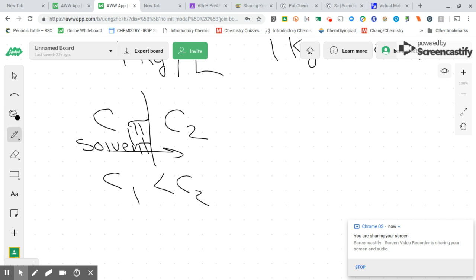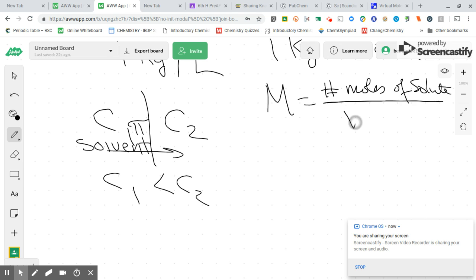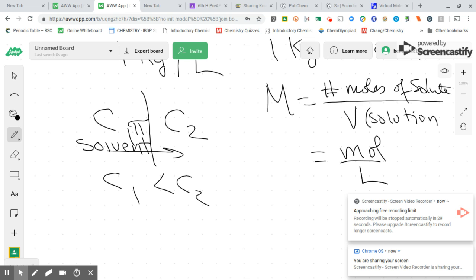This is different than the previous one. Molarity, for those of you who forgot, will be the number of moles of solute over the volume of solution, and the unit will be mole per liter.